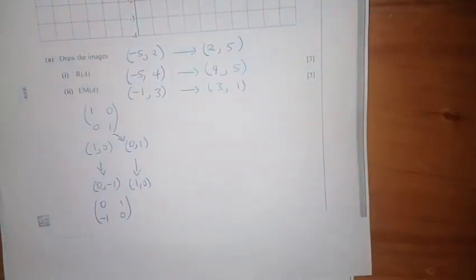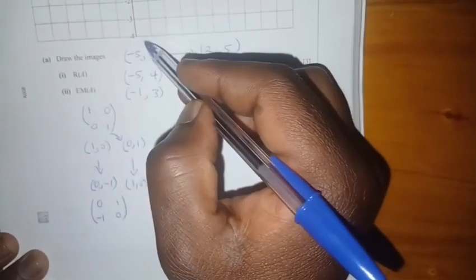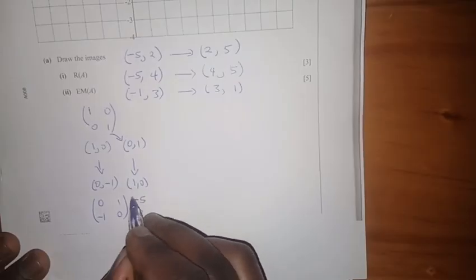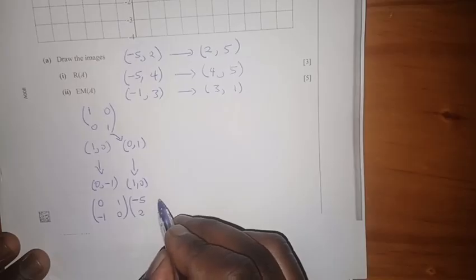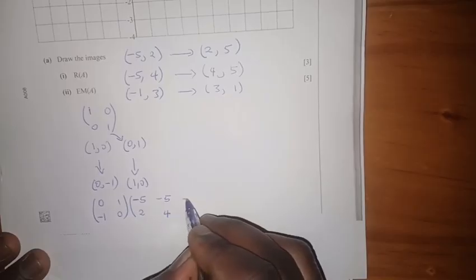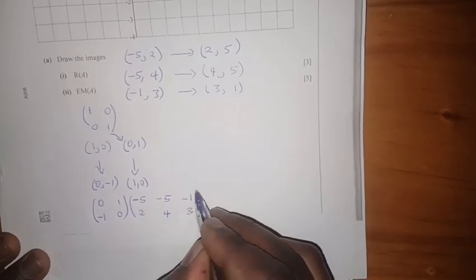So from this matrix, take the vertices of the triangle. Here are the vertices, we already extracted them. The first one was negative 5, comma 2, followed by negative 5, comma 4, followed by negative 1, comma 3.